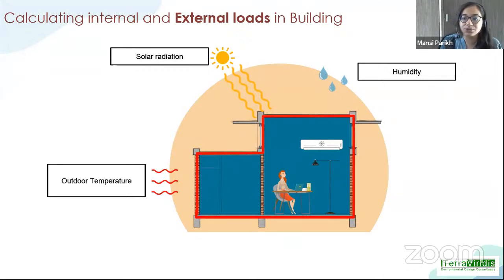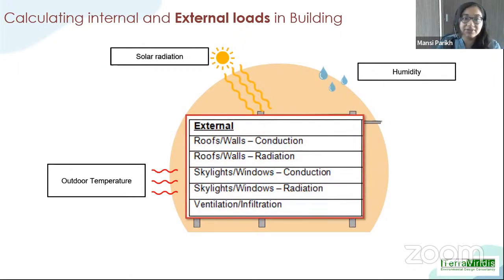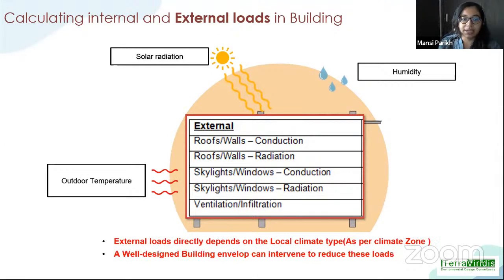They are caused due to conduction from roofs, walls, glazing, convective heat transfer through infiltration through cracks, and radiative heat transfer through roofs, walls, and windows. These are the external cooling loads. Also, a well-designed envelope can intervene to reduce these cooling loads.